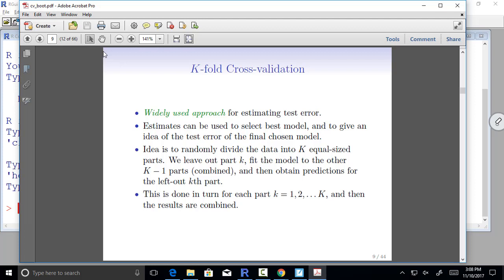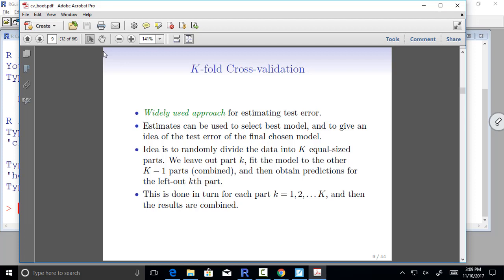The idea, as we said last time, is iterative. If we're going to do k equal 5-fold cross-validation, for example, we take our training data and we randomly split it into 5 subgroups. So every individual goes to one and only one subgroup. Then in iteration 1, the first fifth is used as a test set, and the remaining 4/5 is used as the training set.